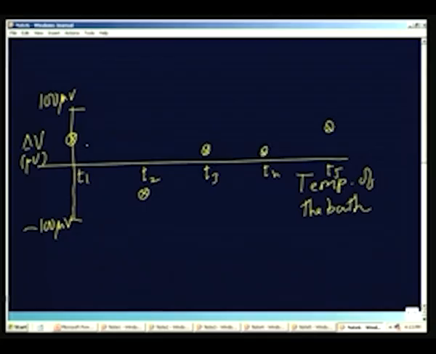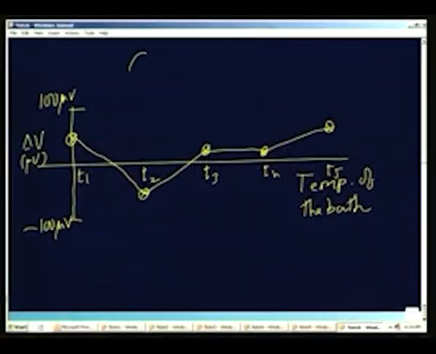So, I can roughly say that the error variation with respect to temperature is given by a curve like this. This can be used as a calibration device, because I can add or subtract, as the case may be, the voltage indicated here as a correction.